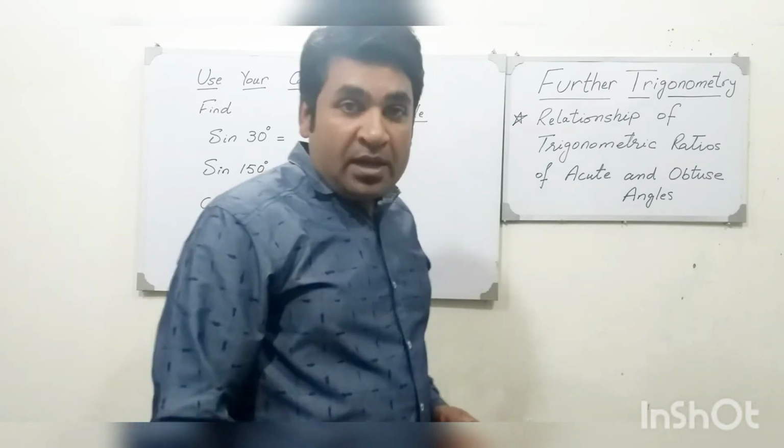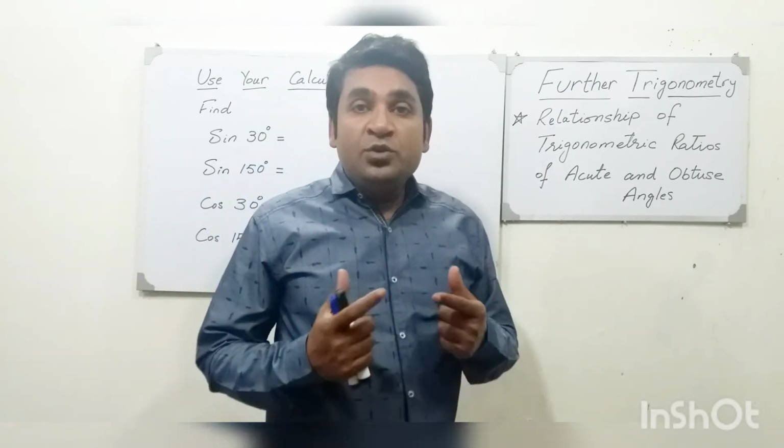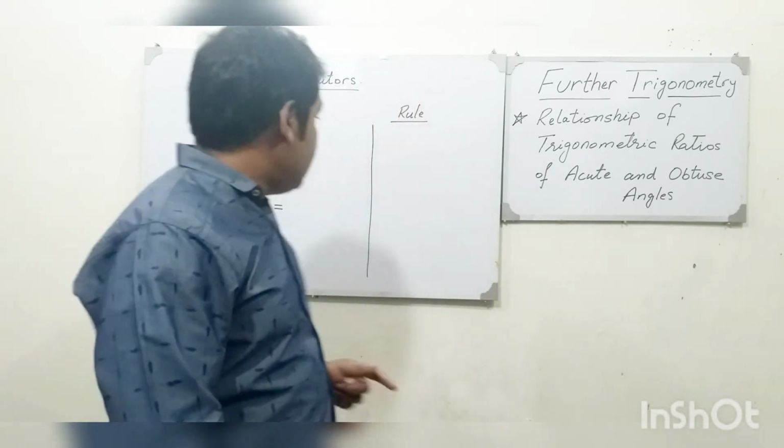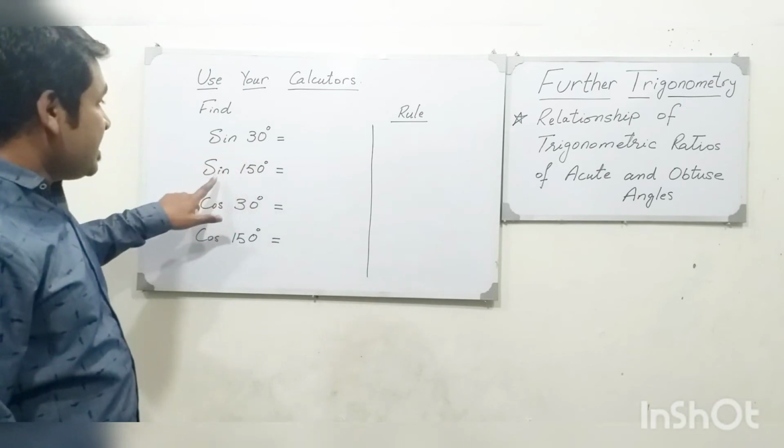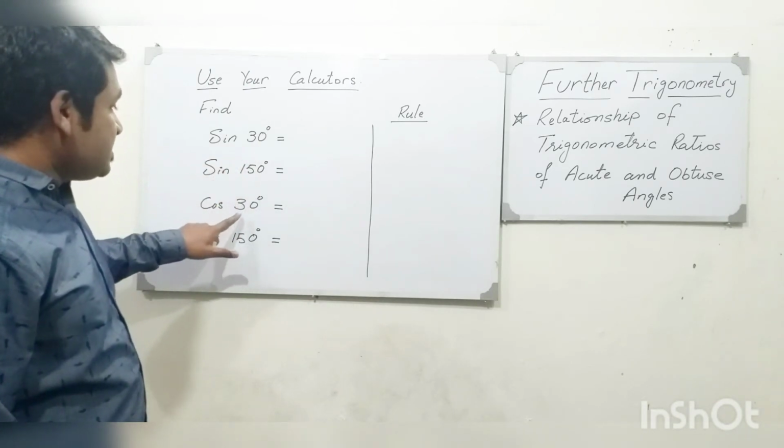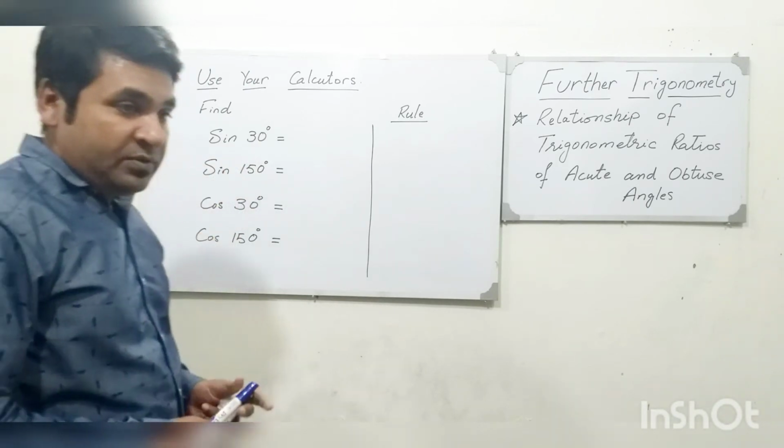Now I would like you to use a calculator and find the values of sine 30, sine 150, cos 30 and cos 150. So quickly do it.